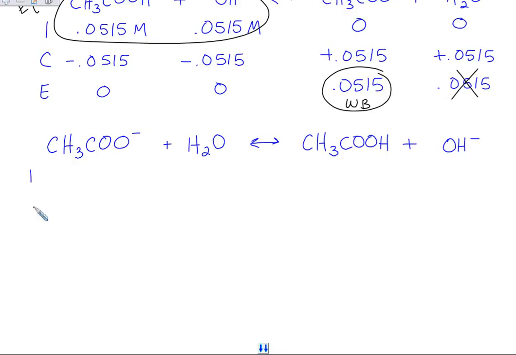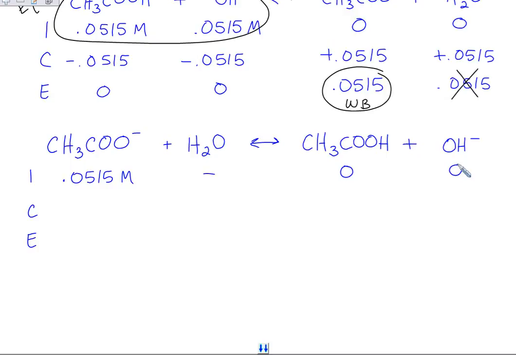So we'll do an ice table. We've got the original molarity. We don't care about the water, so we could essentially get rid of it. And then these products will be 0. We don't have any of those remaining from the original ice table. All of the acetic acid in the original ice table has gone forward.